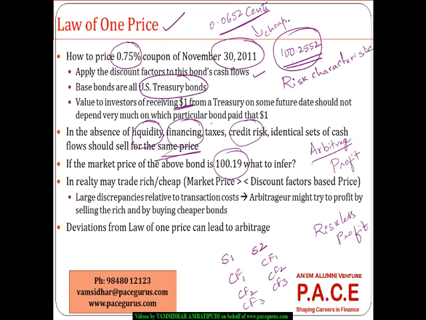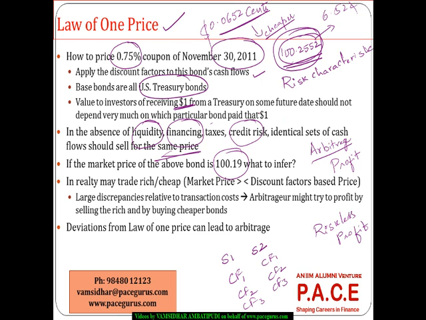Because as per the discounting factors, as per the predicted price, it should be 100.25. But it is almost 6.52 cents, right? Now, okay, $0.065 or 6.52 cents lesser compared to what is being predicted.